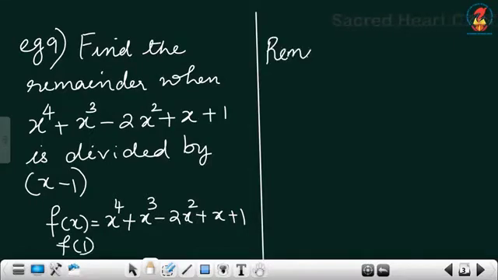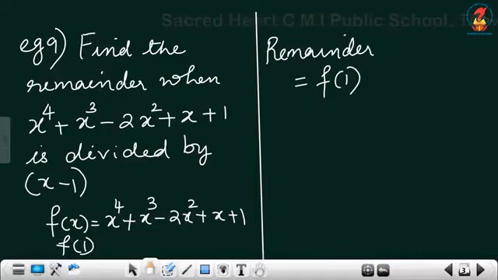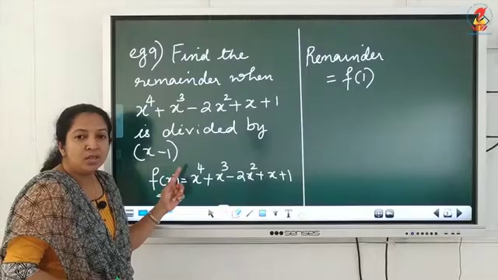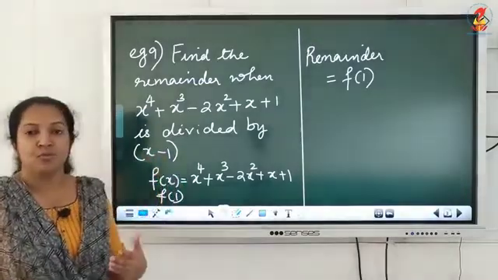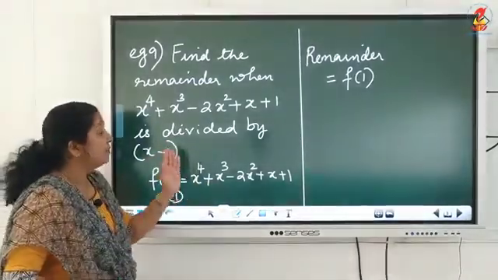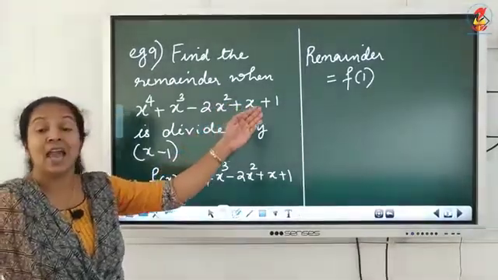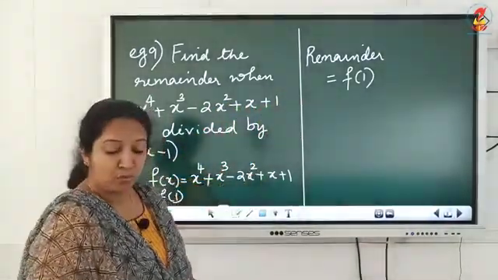So, the remainder is f of 1, because it is of the form x minus a. Instead of a, they have given the value 1. So, the remainder is actually f of a. Here we can find the remainder by substituting a as 1, that means f of 1.